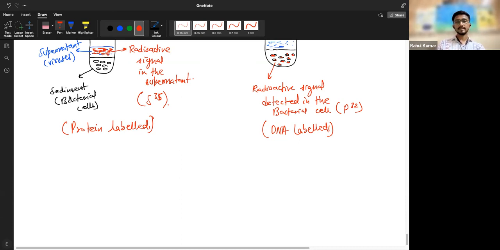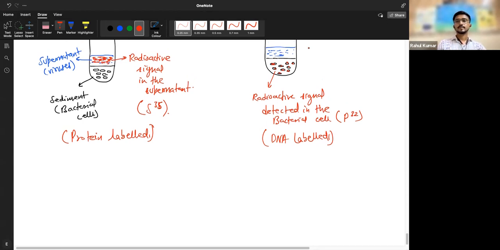This proves that DNA is the genetic material which is passed on from viruses to bacteria during infection. Is it clear, everyone? Written? Yes, sir.